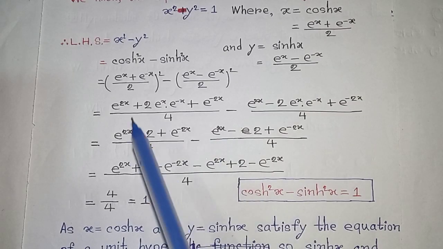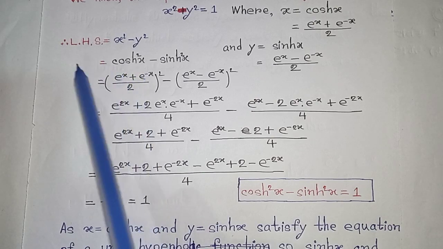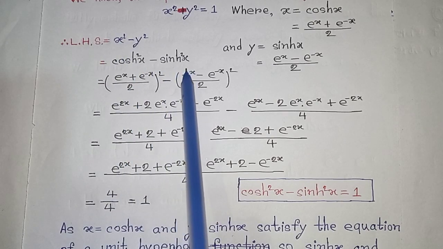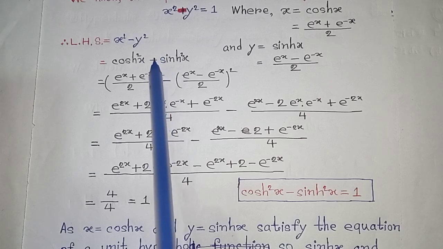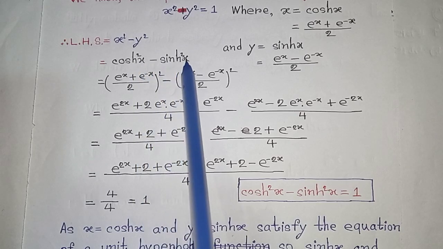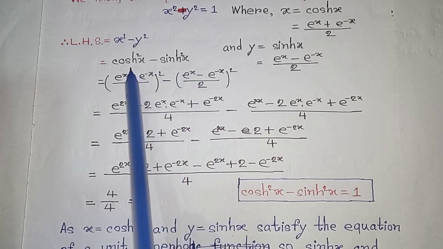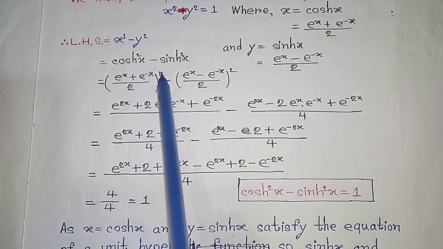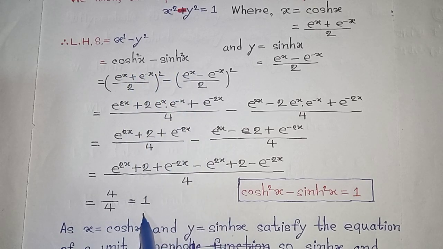When we write cos hyperbolic x instead of x and sin hyperbolic x instead of y in this equation, then we get cos hyperbolic square x minus sin hyperbolic square x equal to 1, which is a very important formula of hyperbolic function.